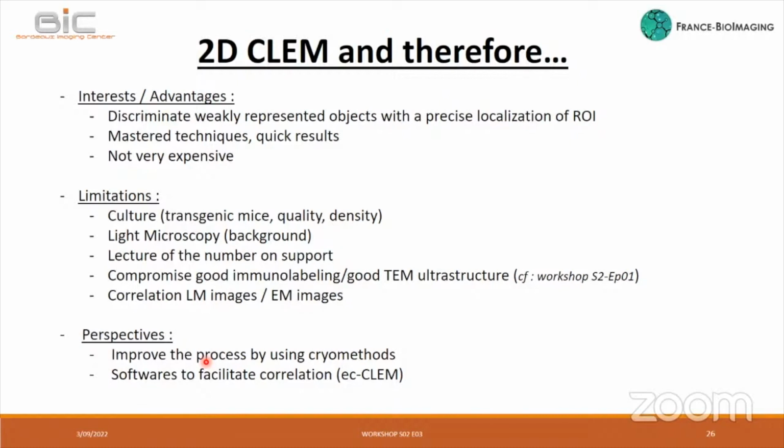Another limitation with the correlation is the difficulty to combine both images properly. That's why Mónica talked about some software like BIC-CLEM, for example, and this software facilitates the correlation a lot and can help us.